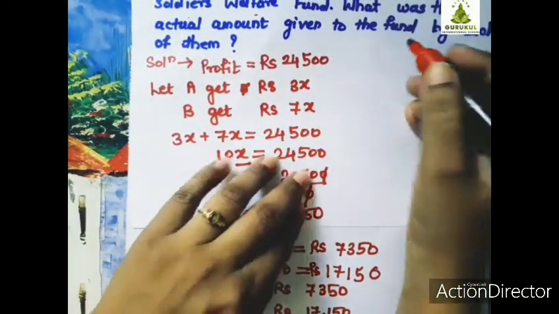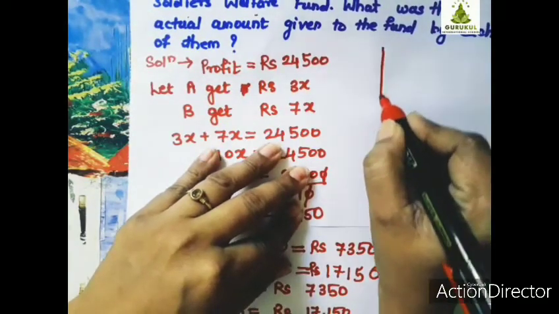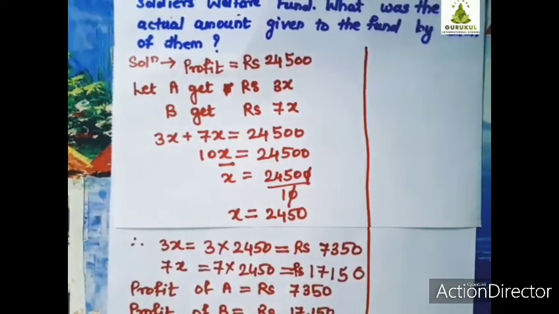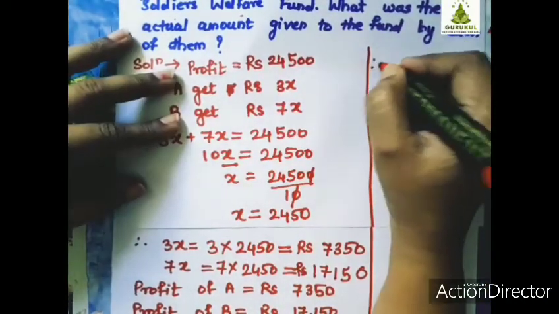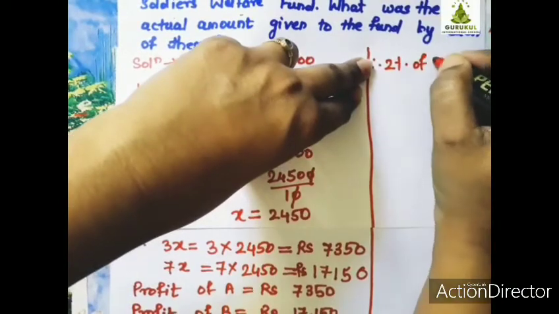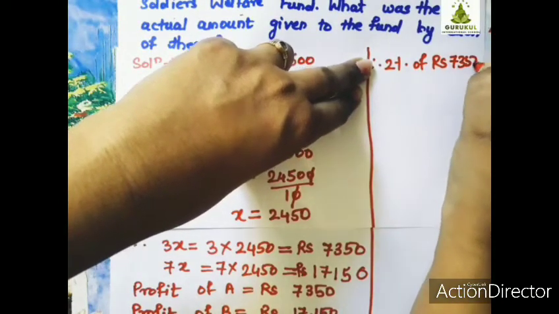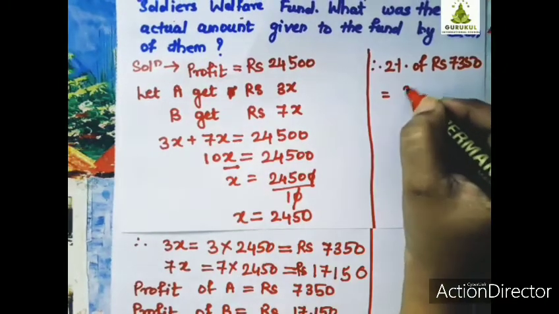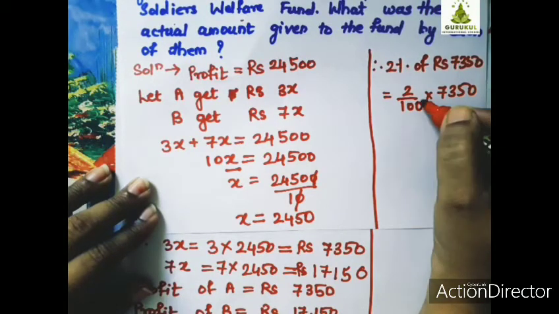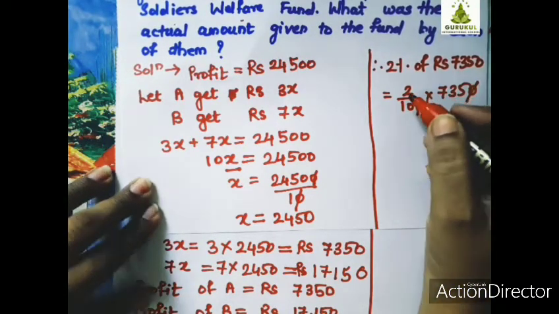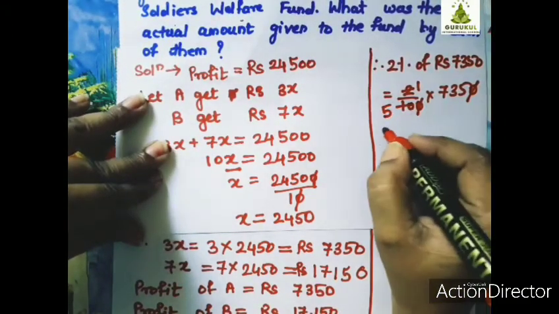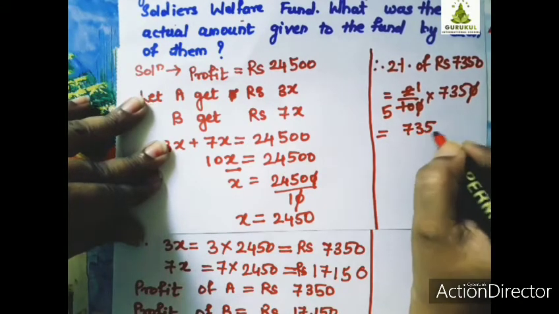Okay, if you want, I can divide it into two parts so that it will be convenient to understand. Okay, so 2% of 7350 is equal to 2 upon 100 into 7350. So this cancels, then 2 ones are 2, 2 5s are 10. 735 divided by 5.